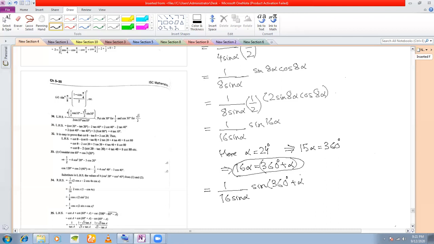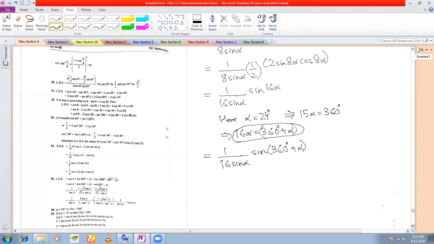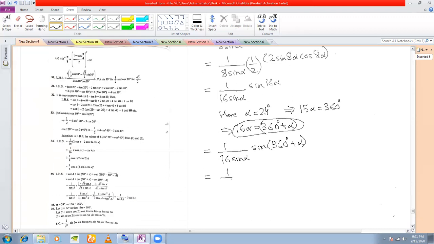Now this can be written as 1 by 16 sine of 4 into 90 degree plus alpha. This is an even multiple here, so sine will remain sine, and the angle is in the first quadrant, which is positive. So this will become simply sine alpha. So this will cancel, and you get 1 by 16, which is equal to your right hand side.